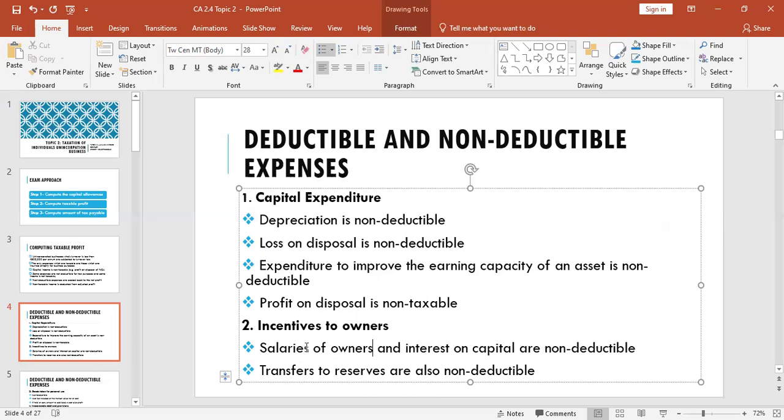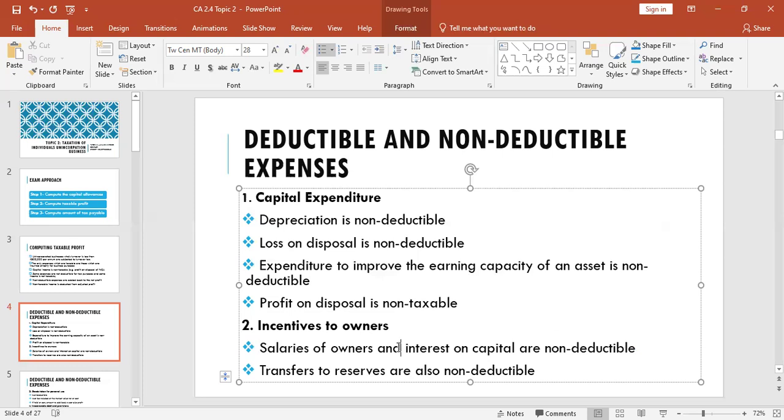So whenever you see in a question that the owner was paid such and such an amount and an interest on capital, this is largely for partnerships, these expenses are non-deductible. You need to add them back to the net profit. And sometimes there are cases where a family member works in the business and is paid a salary that is not equal to the salary paid to other employees.